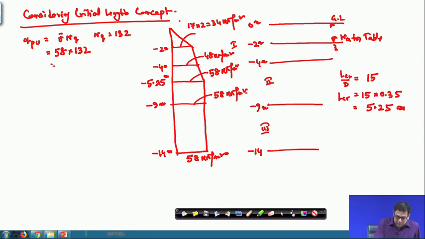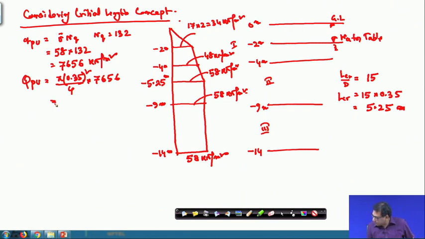So, this is 7656 kilonewton per meter square. Now QPU is equal to pi 0.35 square by 4 into 7656, that is equal to 736 kilonewton.